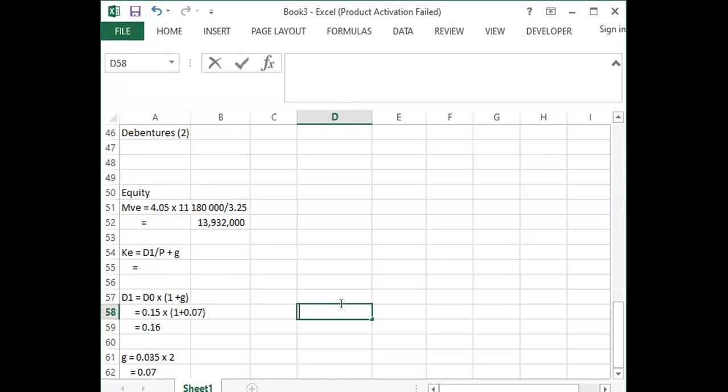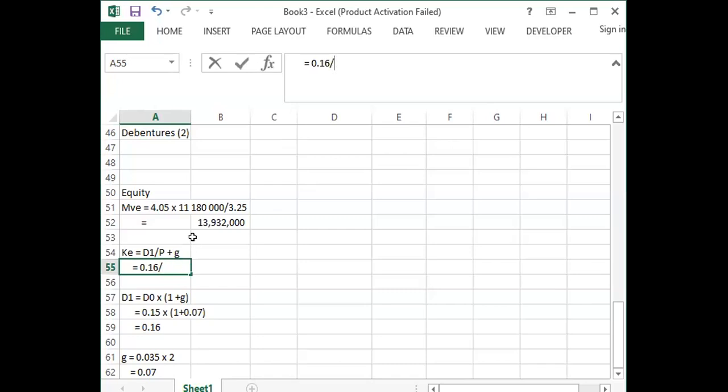So we have our D1. We want to divide our D1 by the price which we have. Take note here that I'm putting everything under the same denomination. Because we are dealing with this in rands, we are keeping everything in rands, hence you see this is 0.16.